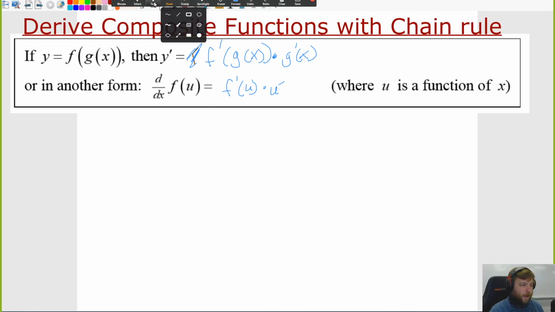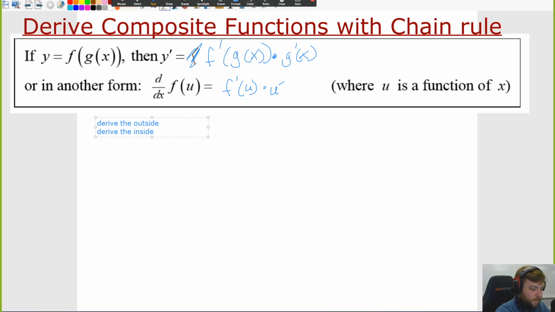So the way I describe this is I say derive the outside, then you times deriving the inside. That would be kind of the way I think about it. In my words, you do the derivative of the outside times the derivative of the inside.